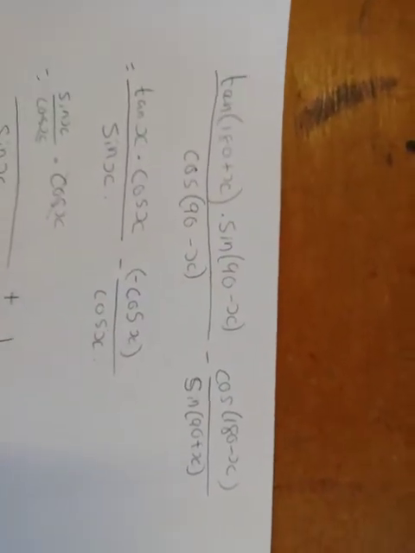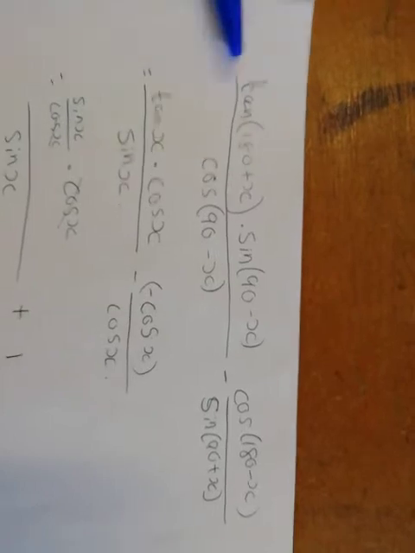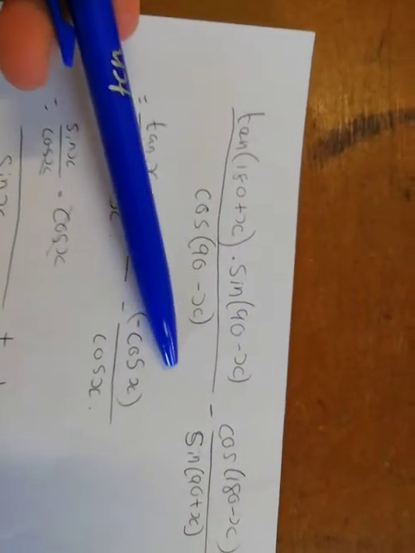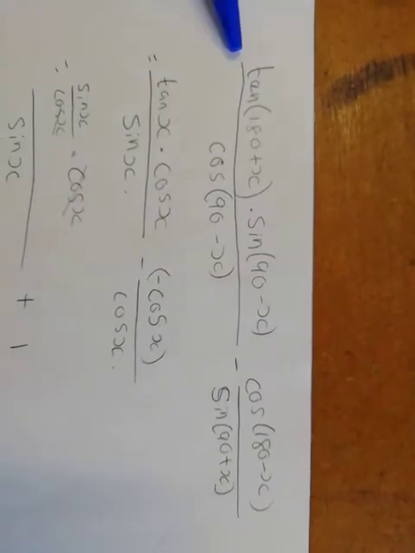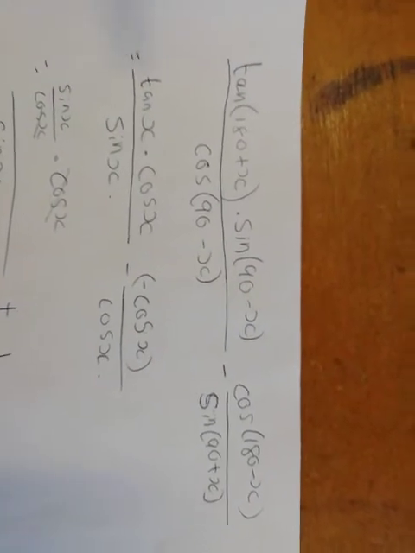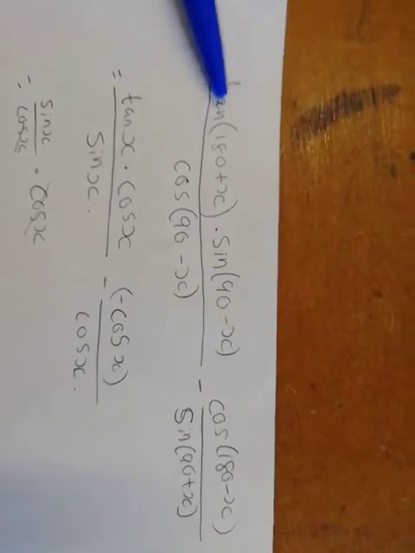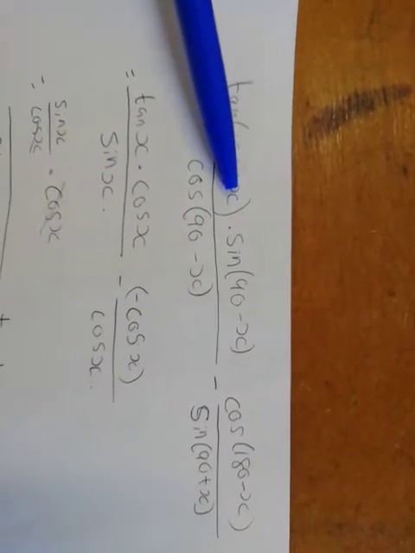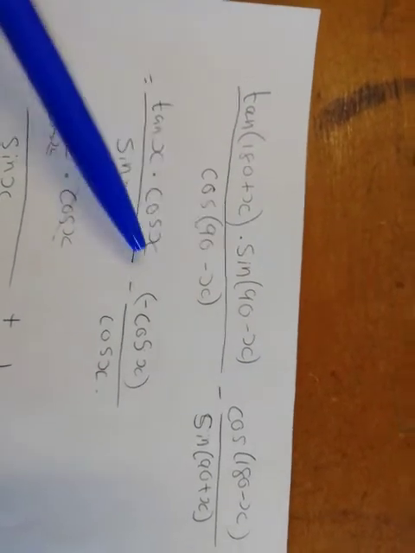They can also give you something like this, where you have a minus in between. Before you get anxious because it's a fraction, remember, one piece at a time. Start with your first one. Tan of 180 plus x is positive tan x.